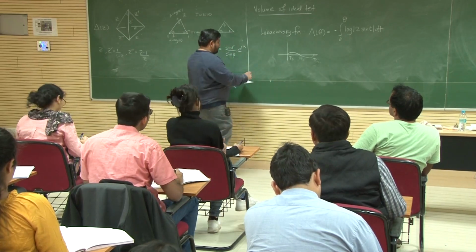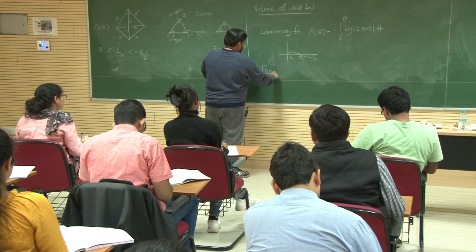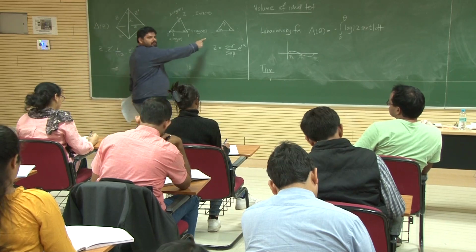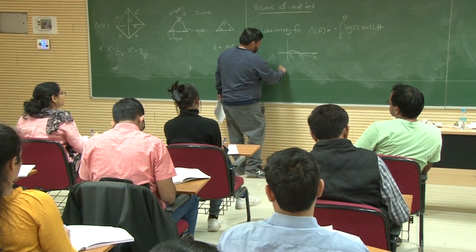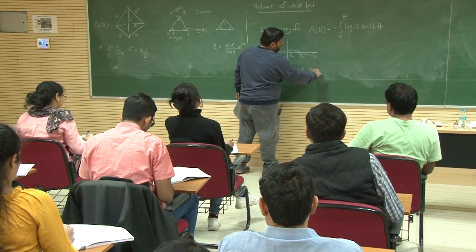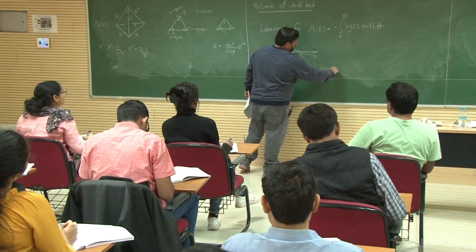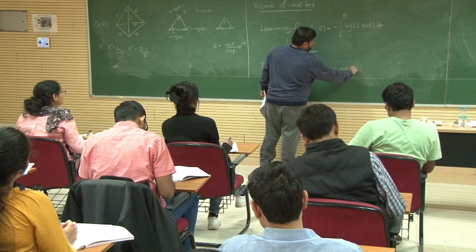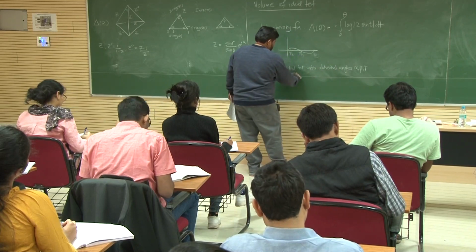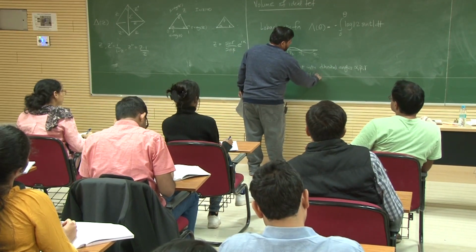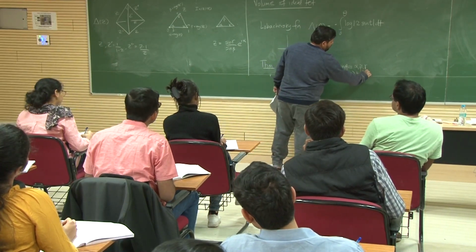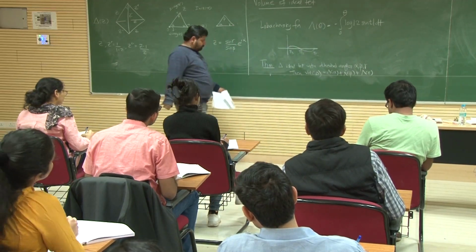So the main theorem is, if you have delta, an ideal tetrahedron with dihedral angles alpha, beta, gamma, then the volume of delta is the Lobachevsky function at alpha plus Lobachevsky function at beta plus Lobachevsky function at gamma.